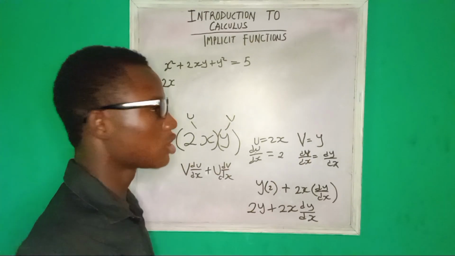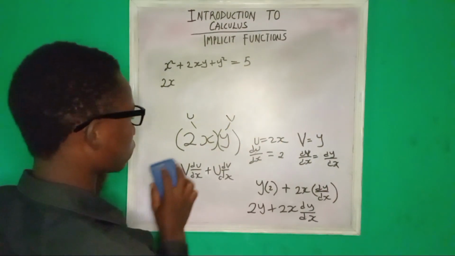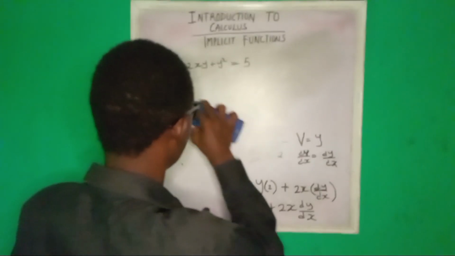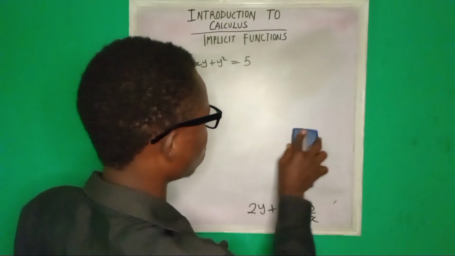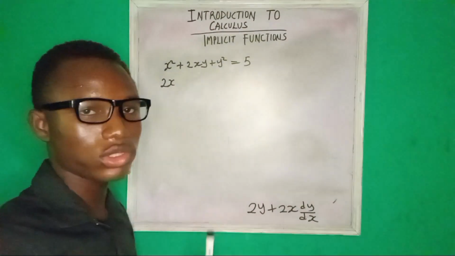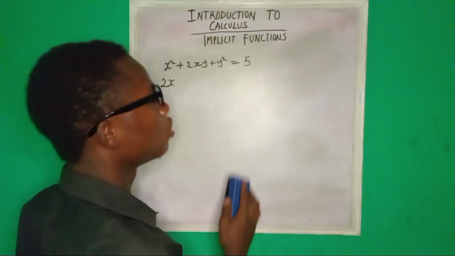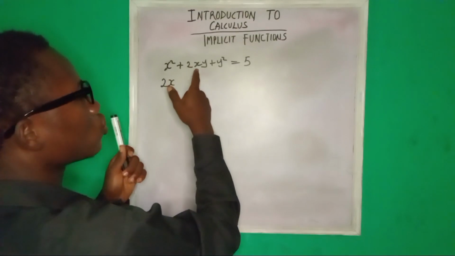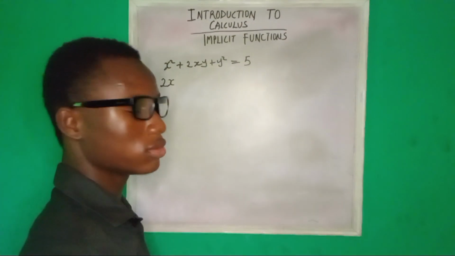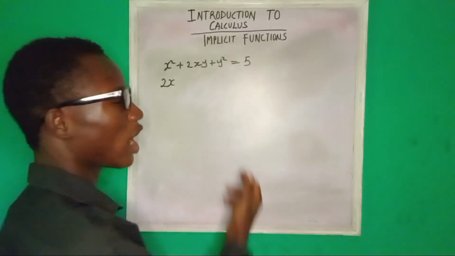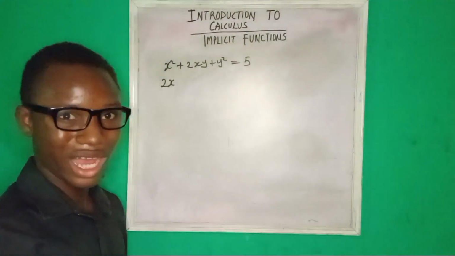But instead of using this long cut with u and v, if you want to do a faster and more efficient work, we pick one function like x, then use it to multiply the derivative of y, then add it with y multiplied by the derivative of x. We will actually get the same thing.